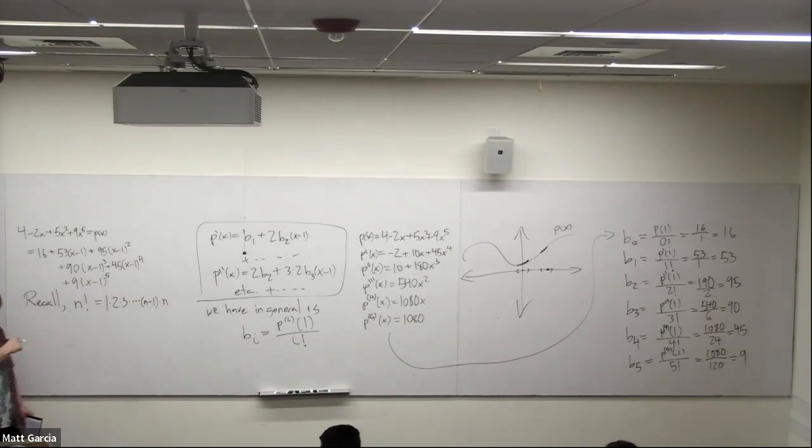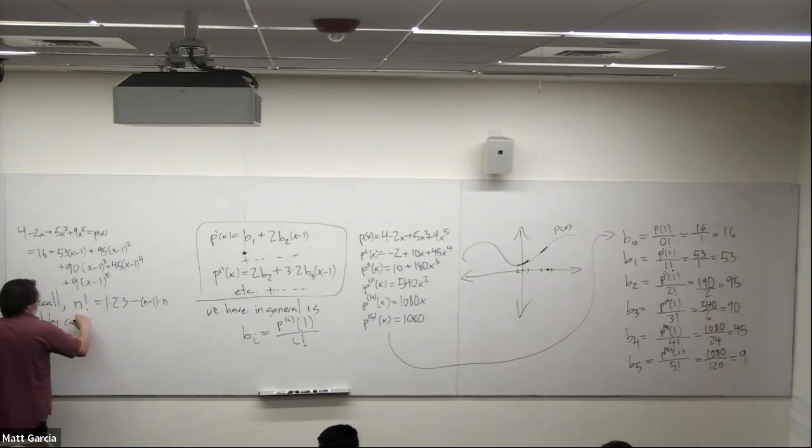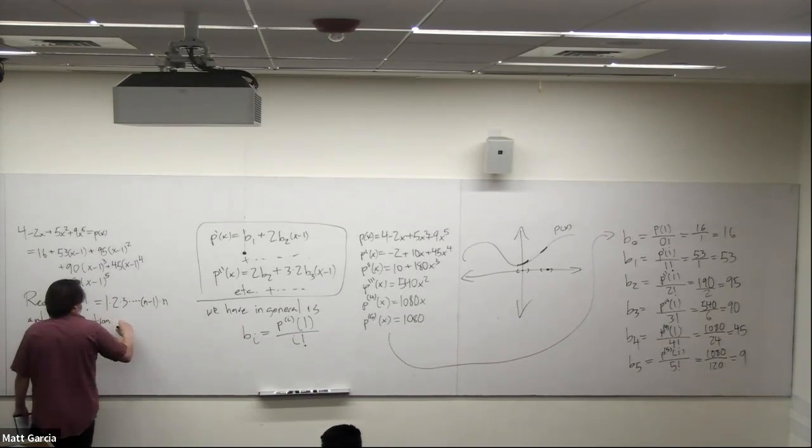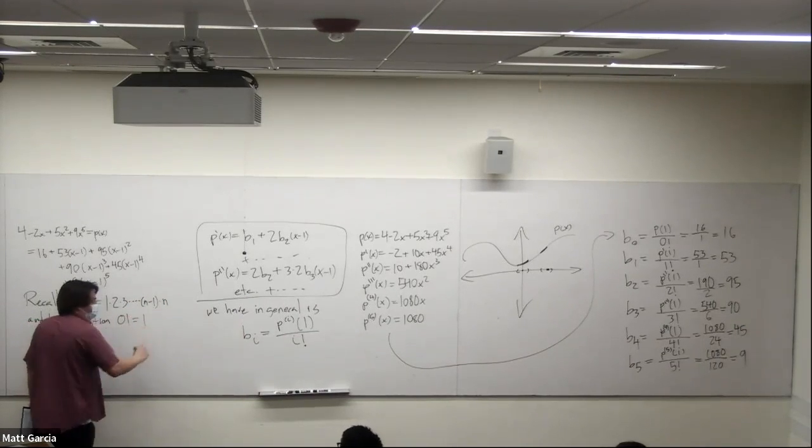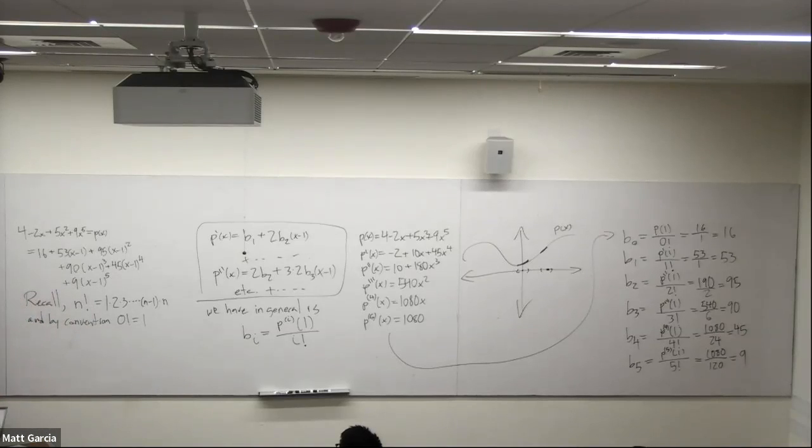Just the product of the first n positive integers. And by convention, 0 factorial is equal to 1. That's just so certain combinatorial formulas would work out nicely. It doesn't really make sense to say 0 factorial, so we just set it to be 1. Okay.